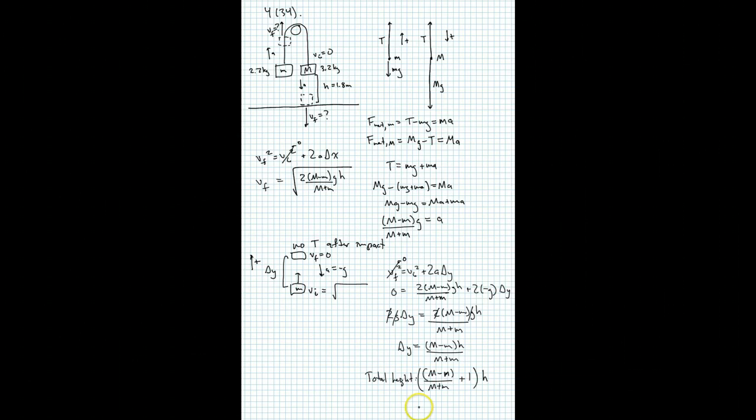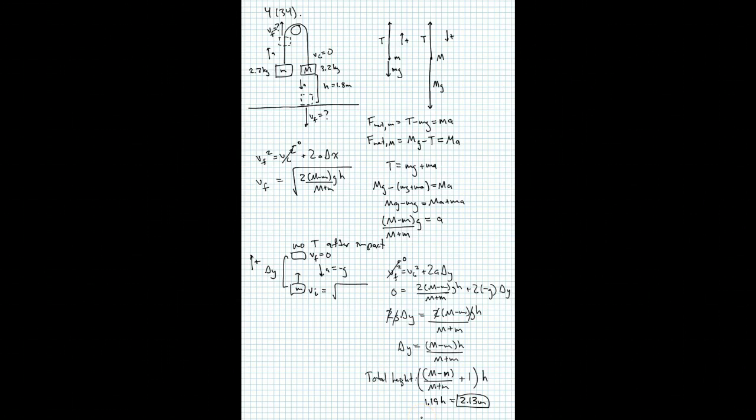So if we plug in those numbers, we get that it's 1.19 h, which is 2.13 meters. So fine for the 2.13 meters, but I think it's more interesting, the 1.19 h. What it's saying is that after the big one hits the ground, the little one only goes 20% as high as that fall distance.